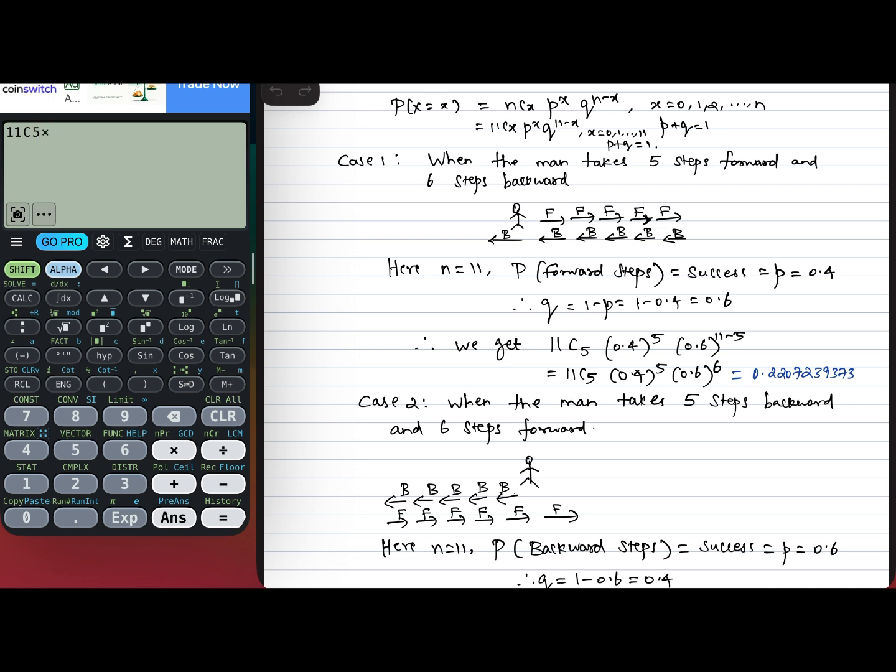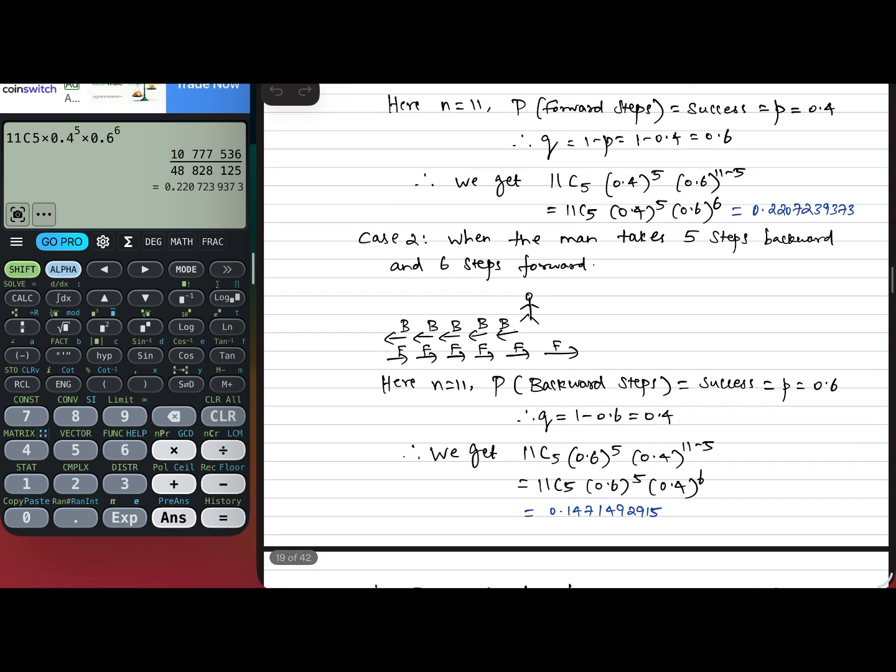You can see here 0.4 power 5 multiplied with 0.6 power 6. So this answer which we have got here is 0.2207. So this is the case where the man considers the forward direction to be the probability of success.